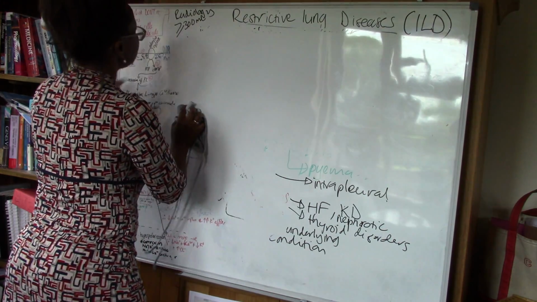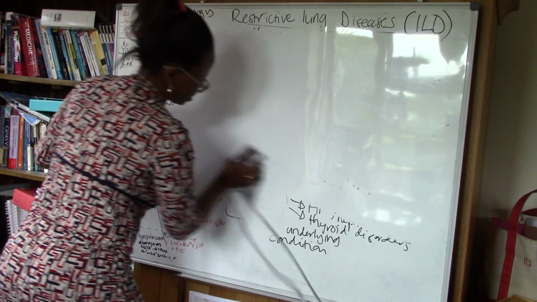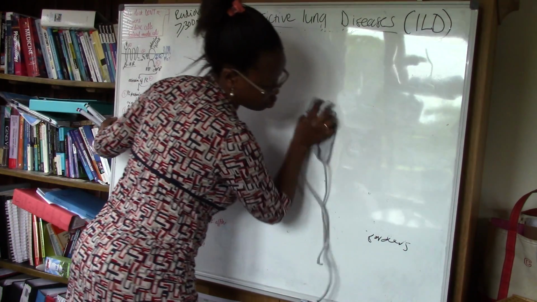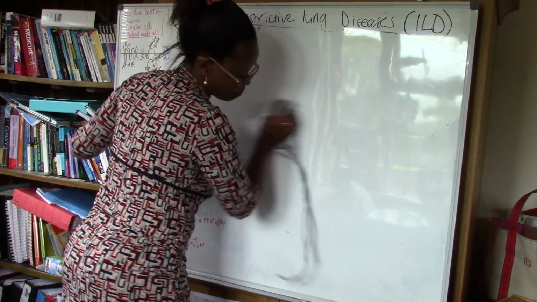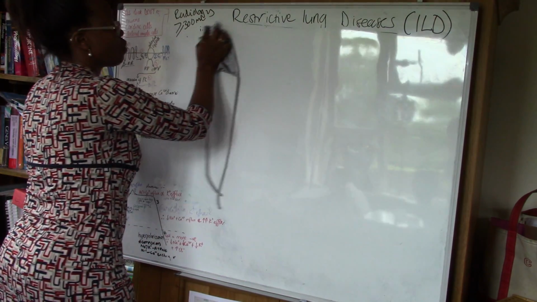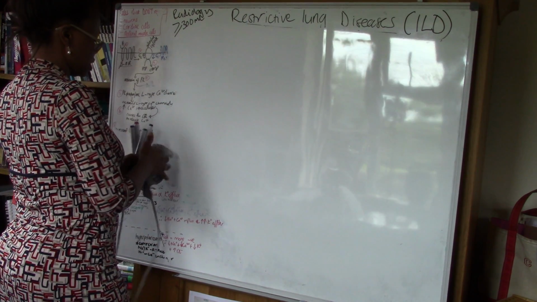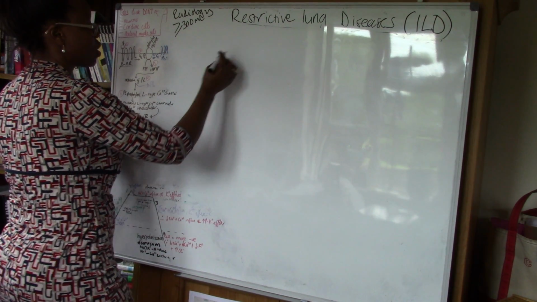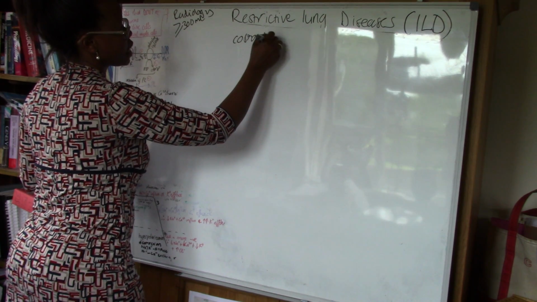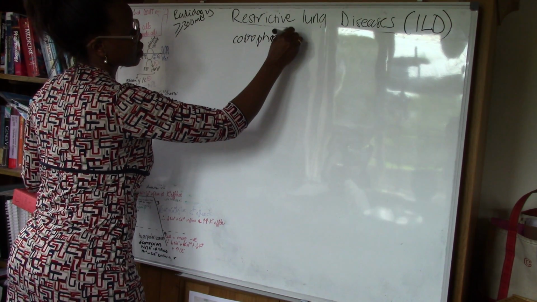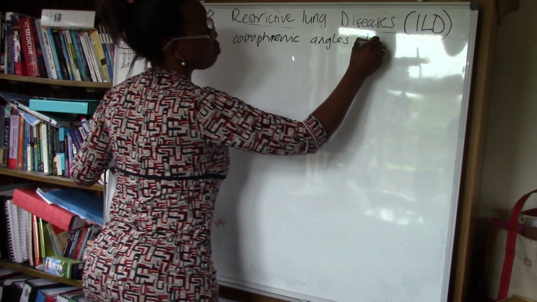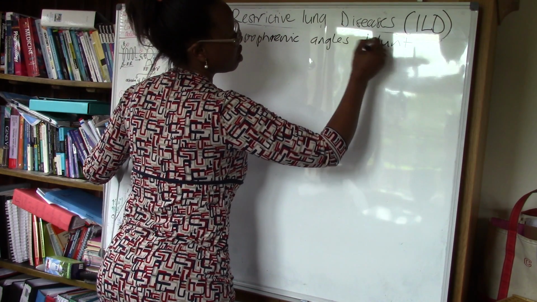How you would see that fluid in radiology: it becomes much more visible when it's much more than 300 milliliters. And one of the defining features that there is fluid in the pleura is the blunting of the costophrenic angles. So they will blunt or disappear.